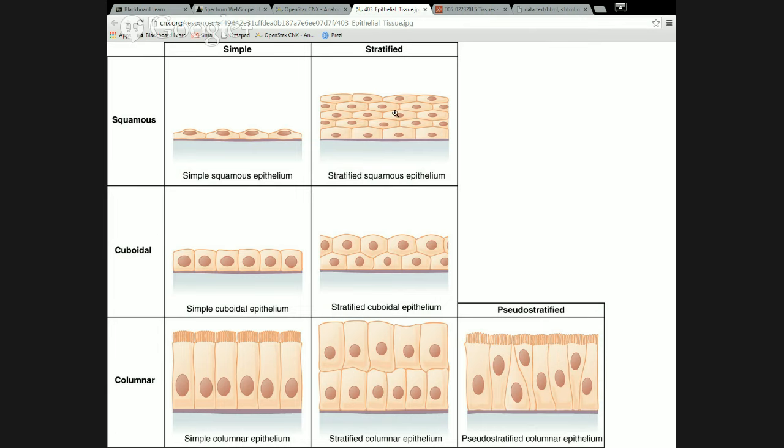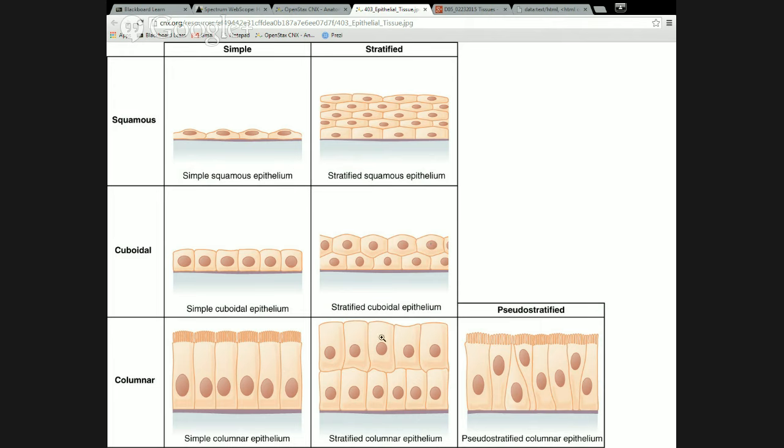We have 3 stratified epithelia, which are named based on the shape of the apicalmost cells. I didn't say that before. So there's flat cells at the top of a stratified squamous epithelium. There's cuboidal cells or square cells at the top or apical layer of a stratified cuboidal.